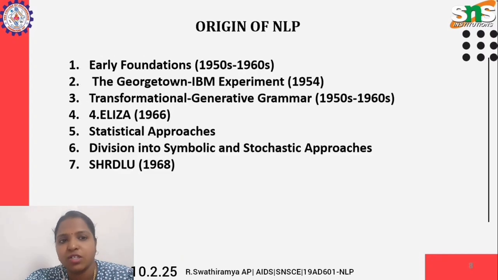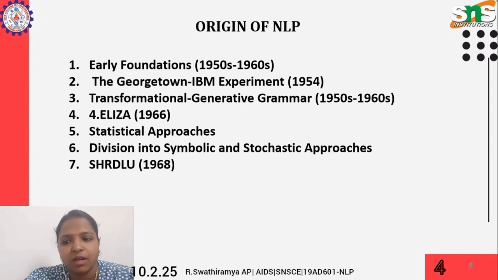So, the origin of NLP. Do you think NLP started in the later 20s? No, not so. The origin of NLP starts in the early 1950s. In the 1950s and 1960s, the foundation was laid. The researchers were fascinated by the idea of creating a machine that could understand and generate human language.